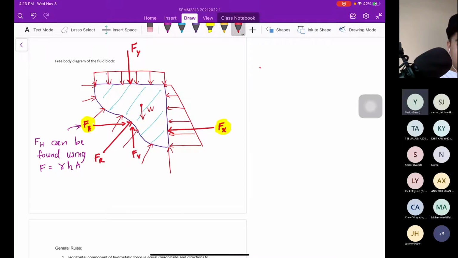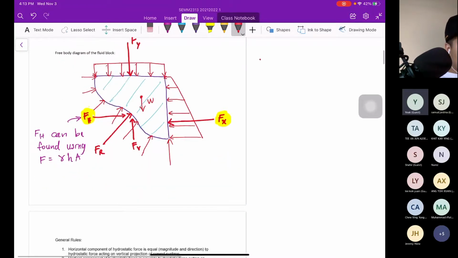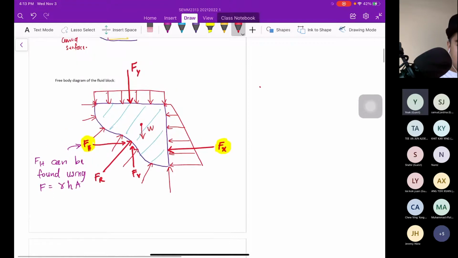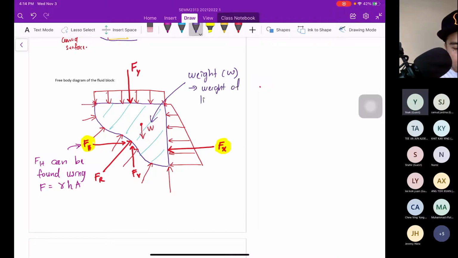For the weight, we can use the weight of the liquid block, which is basically equal to rho g V, the formula.